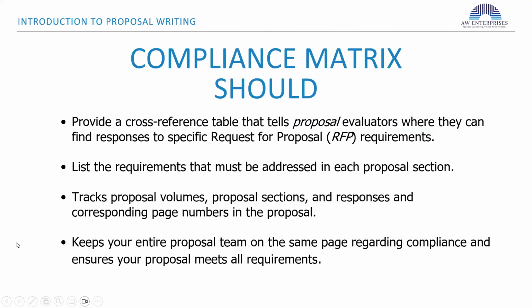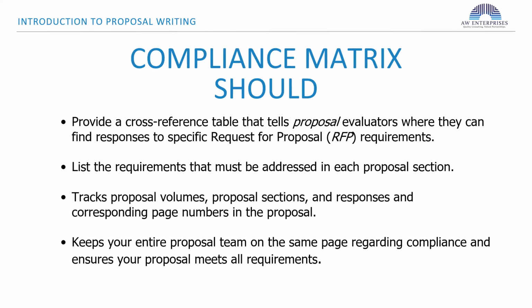As a review, the compliance matrix should provide a cross-reference table that tells the proposal evaluators where they can find responses to specific RFP requirements, okay? You should be listing the requirements that must be addressed in each proposal section.